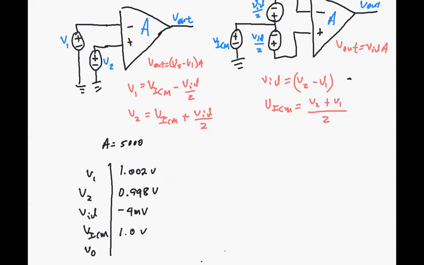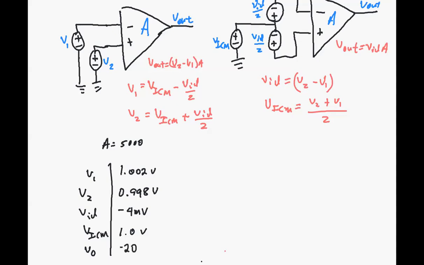And the output voltage would be VID times the gain of 5,000. And that works out to minus 20. V out is minus 20.